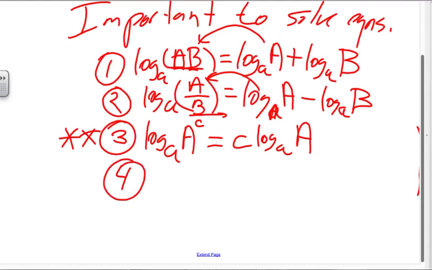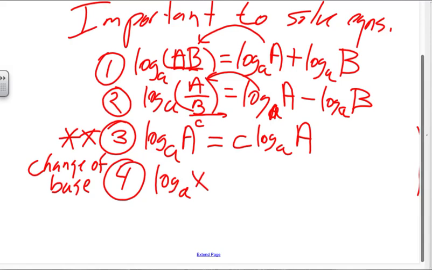Number four, and this one's called change of base. And this is probably the most important one. So log base a of something, which might be x, is going to equal natural log of x over natural log of a.